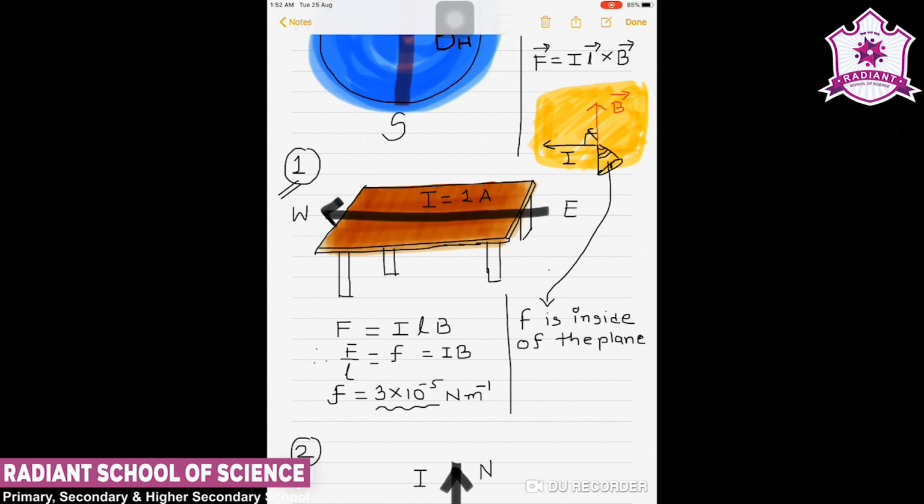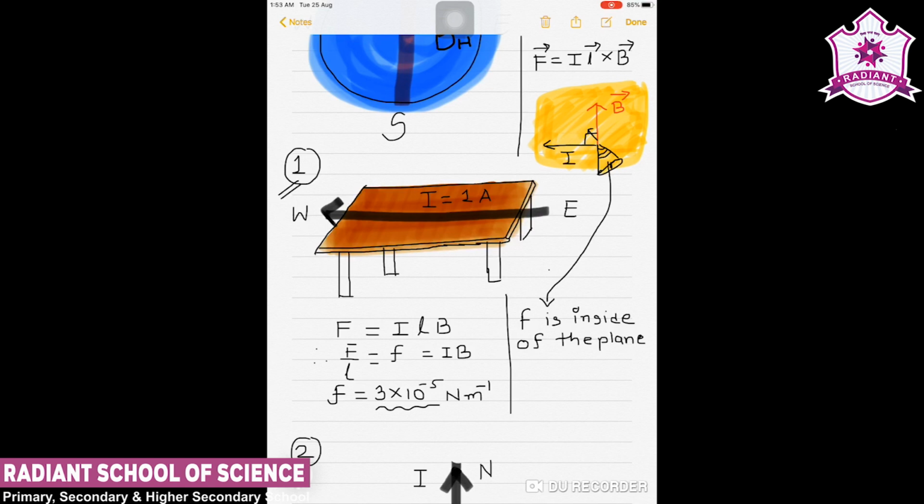So this is about the force and the direction of that force. This value of force is very large, and practically it is even larger than 2 into 10 raised to minus 7 Newton per meter.